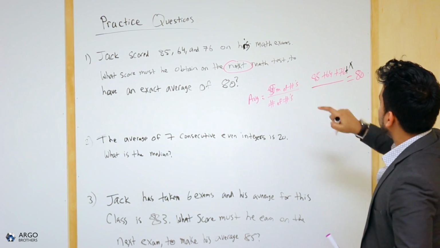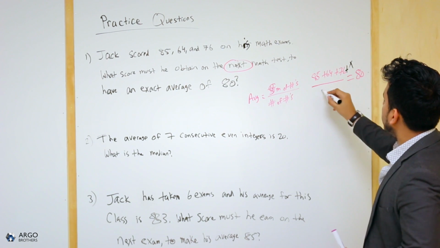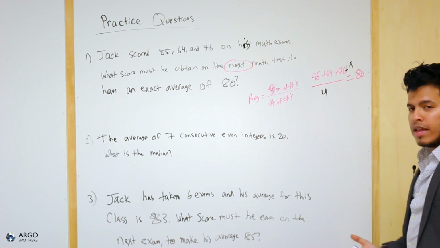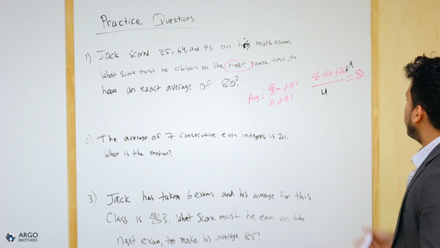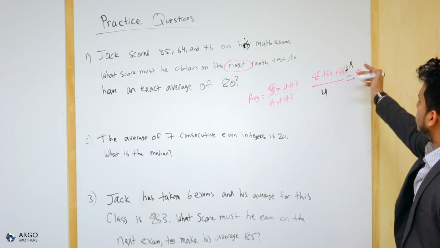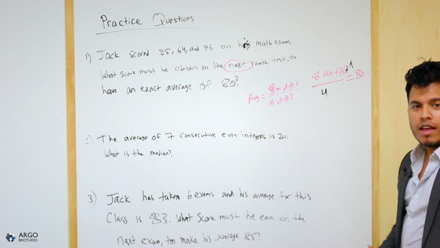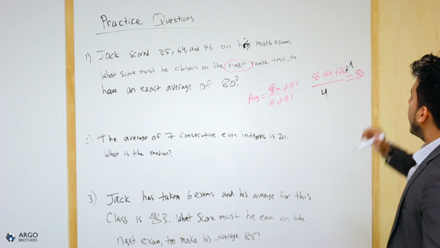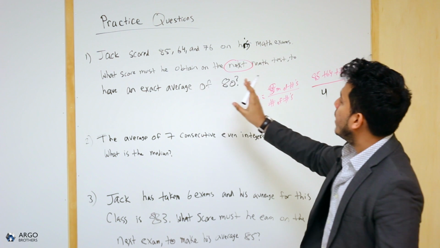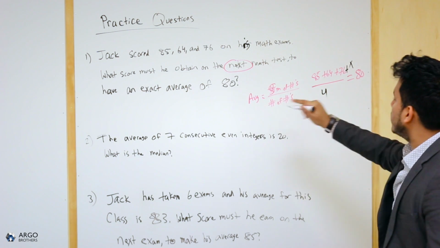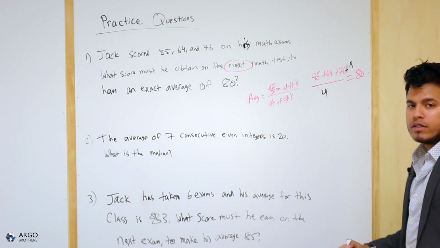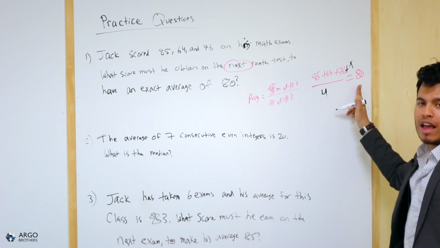So 1 exam, 2 exam, 3, 4. So he's taking 4 exams in total. Now we have a very nice equation set up. 85 plus 64 plus 76 plus x divided by 4 is equal to 80. And knowing that, we should be able to find out what score he will need to get on the 4th test to maintain the exact average of 80.